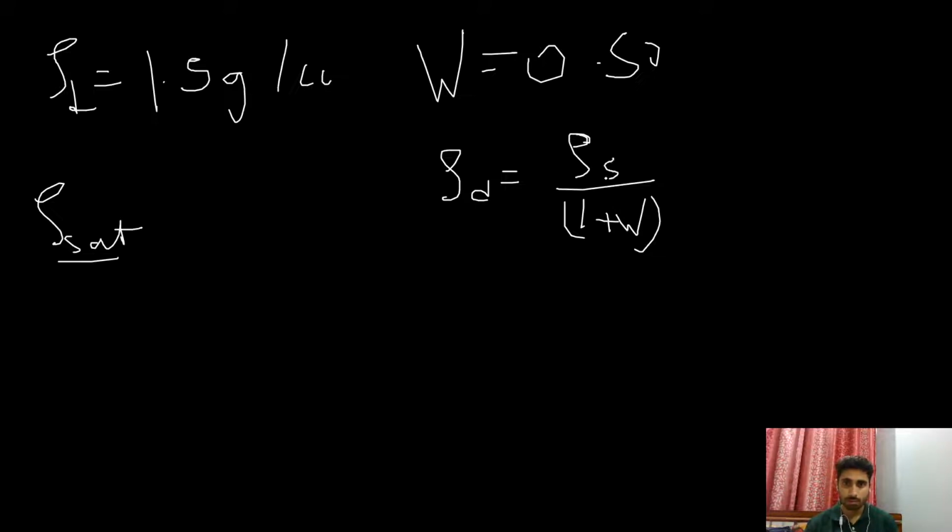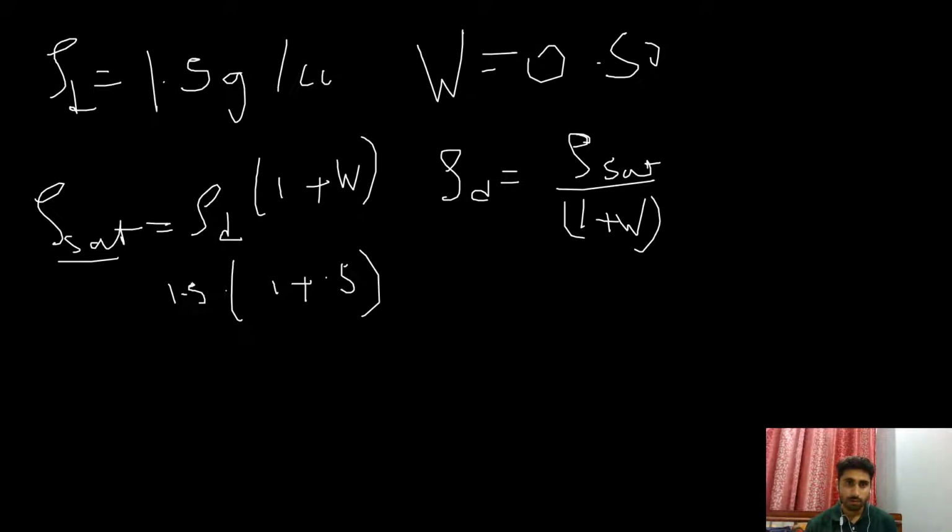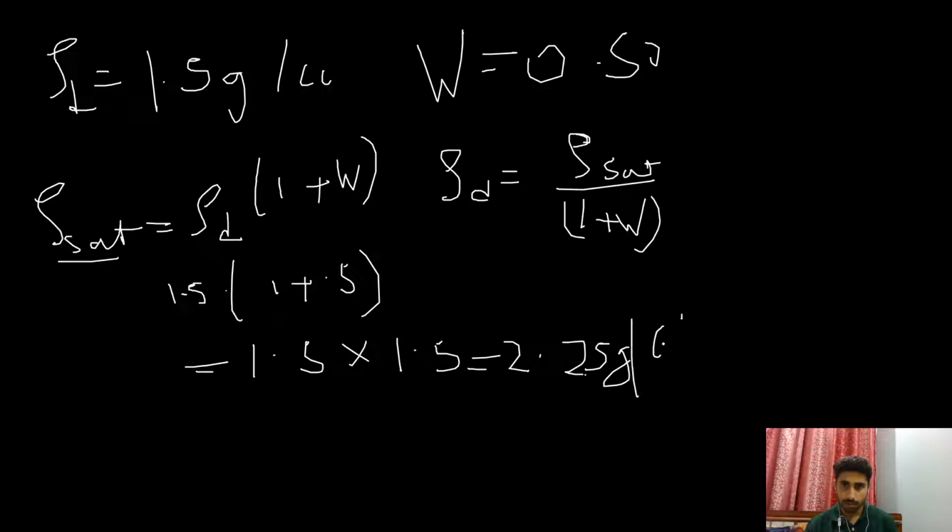So if we consider saturated, then rho saturated is rho d into 1 plus W. Rho d is given as 1.5 and 1 plus 0.5, so 1.5 into 1.5 gives us 2.25 gram per cubic centimeter.